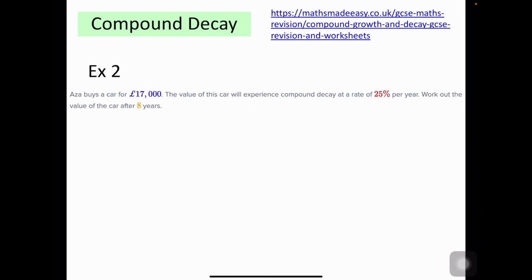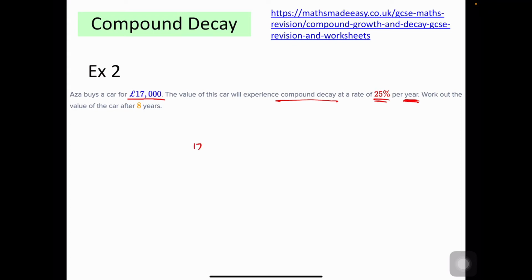Example 2, exactly the type of example I talked about, where someone buys a car for this amount. The value of this car will experience compound decay at a rate of 25% per year. So they've given us the units for the time as well, the time period. Work out the value of the car after 8 years.